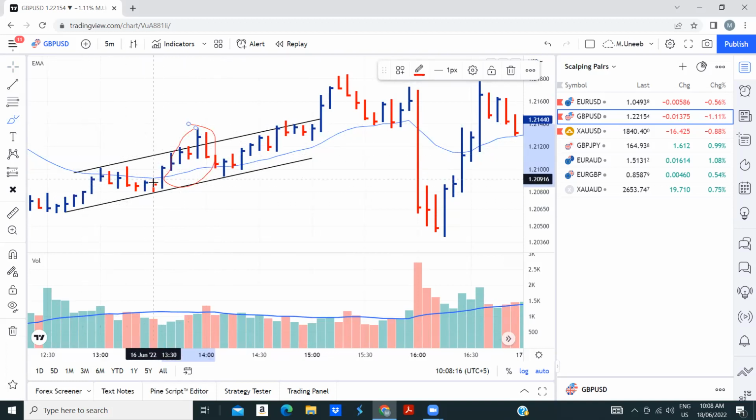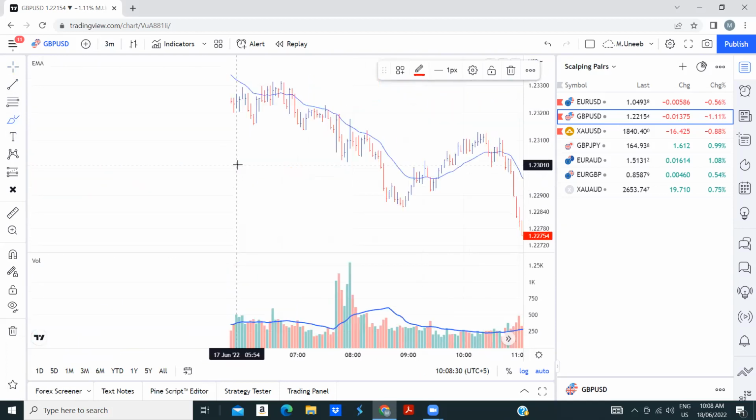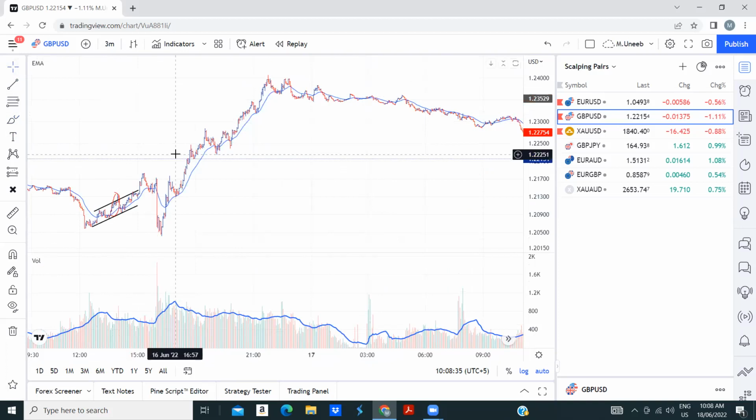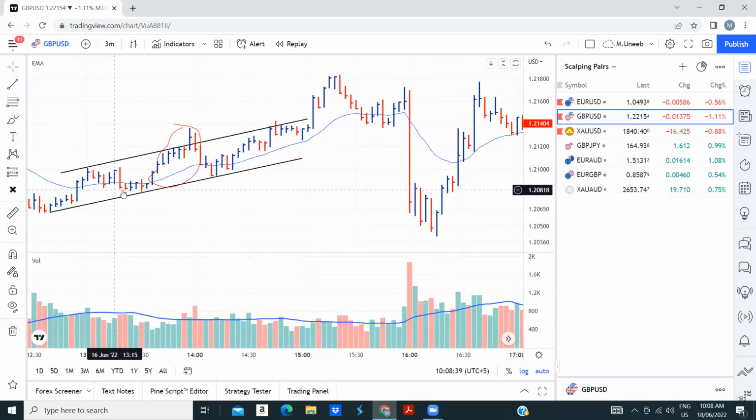Compare this move, it's roughly the same, right? Okay, and if I go to the 3-minute time frame, do you see any sudden increase in volume? The same process here. You compare this move and this move, it's almost the same. But compare this move, this is sudden acceleration, right?